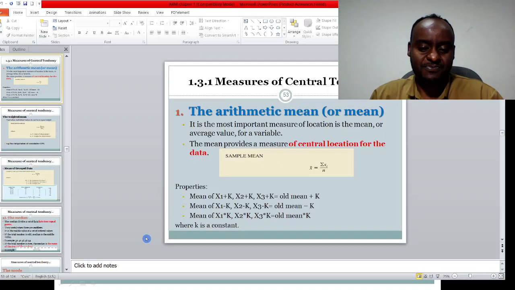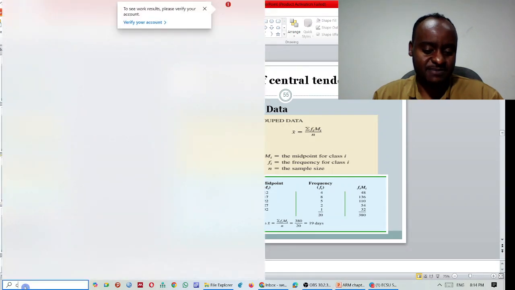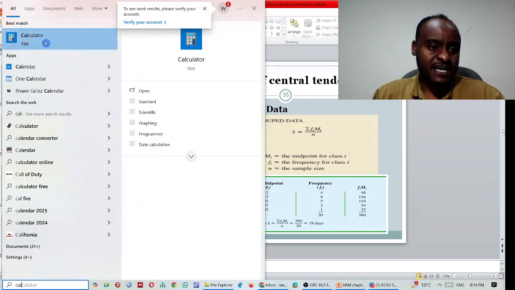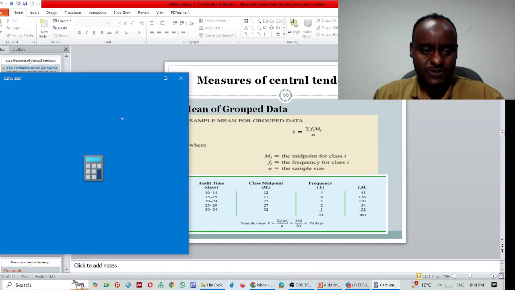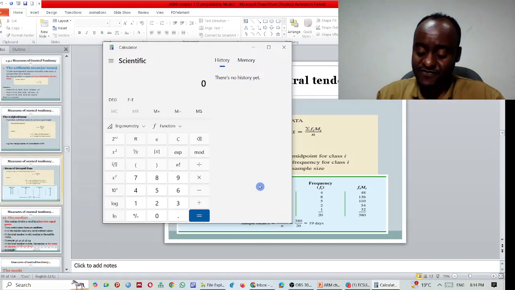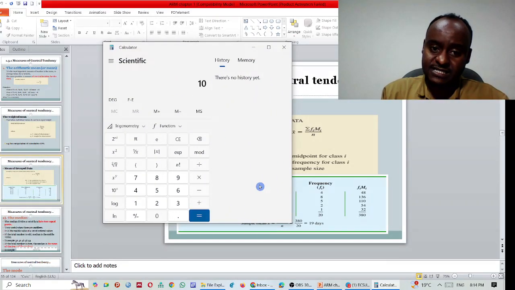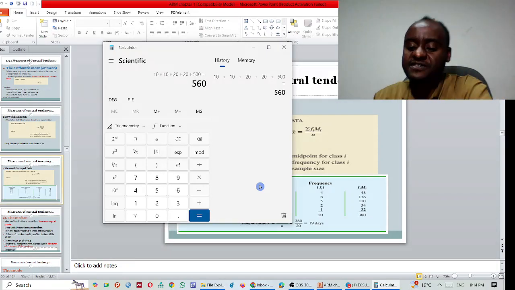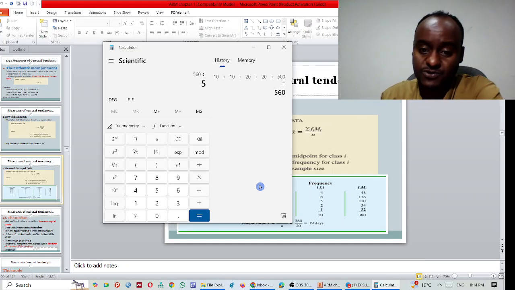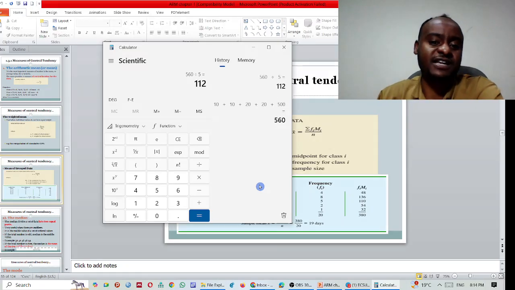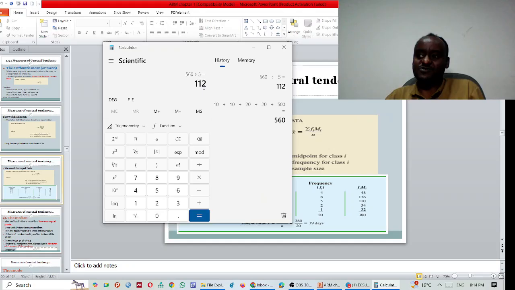Let's take a calculator to make it easy for you. I have 5 individuals, 2 of them get $10, 2 get 20, and one gets 500. 560 divided by 5 to get the average is 112. You see, the mean is 112.